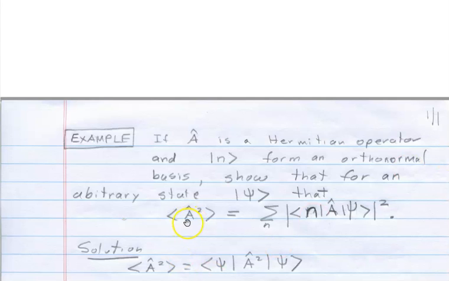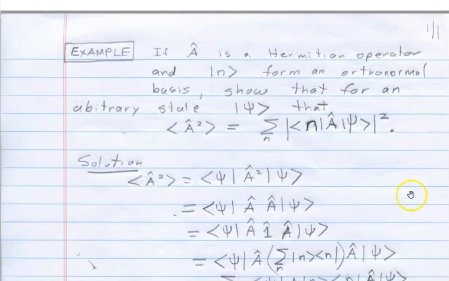So I'm going to start over here, and the expectation of A squared for this arbitrary state is, I just sandwich A squared, the expectation value, between psi. And then A squared, of course, is just A operating on A. And then again, I insert an identity operator.